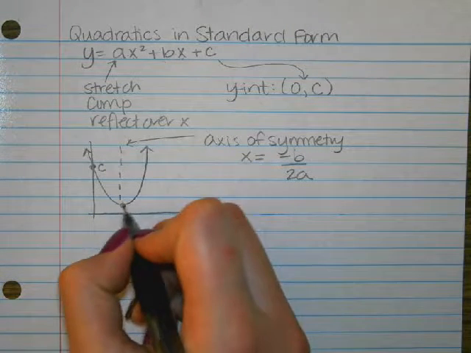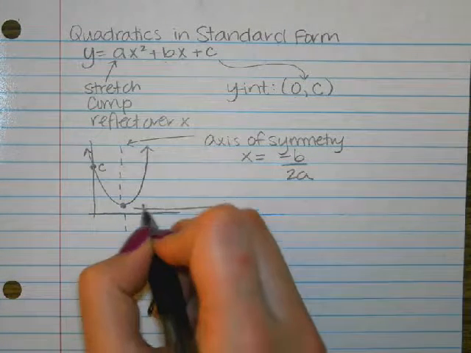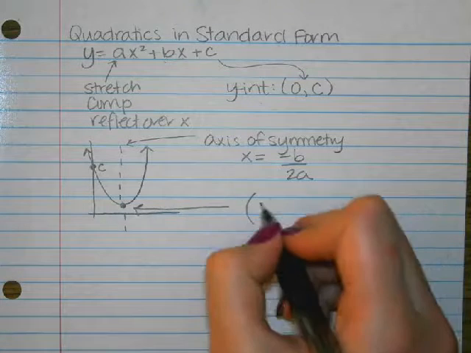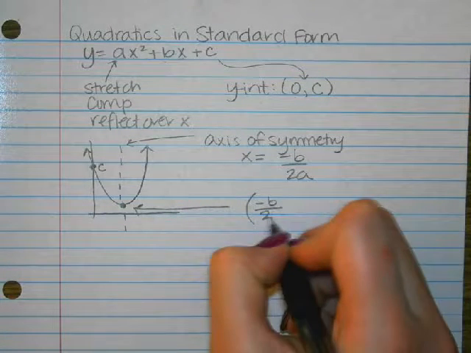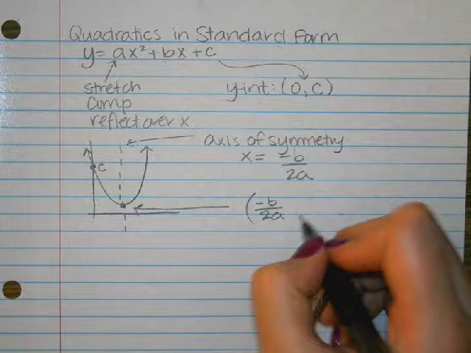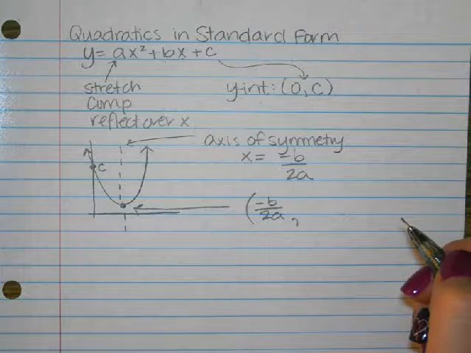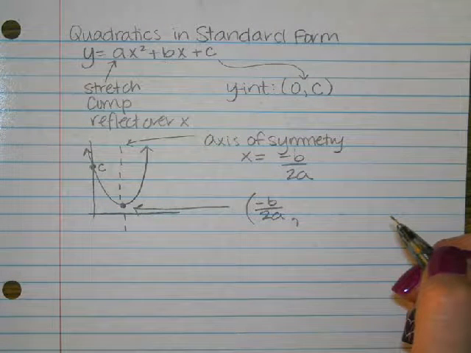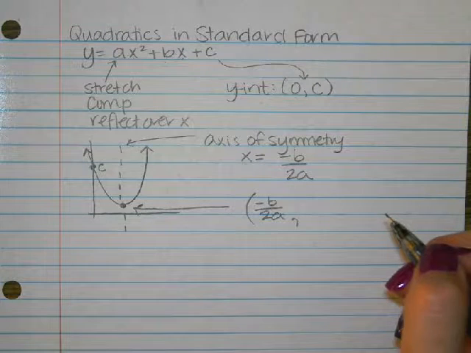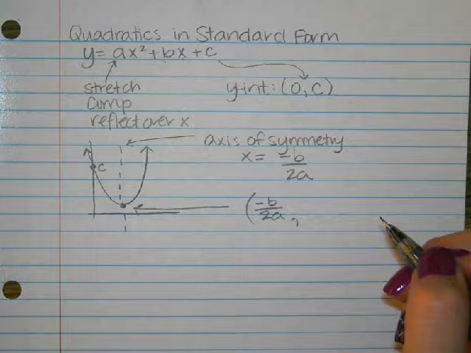The vertex is going to have that same number as your x coordinate. So that number gives you the x value of your vertex. And then any ideas how we would find the y coordinate of the vertex?